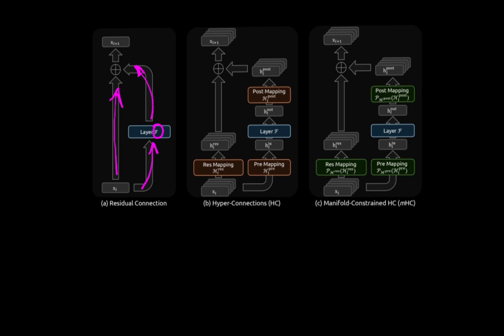And it was the paradigm until 2024, when hyper-connection was introduced. We had these two flows of information because the first one, which is the identity mapping, does some important things for us.